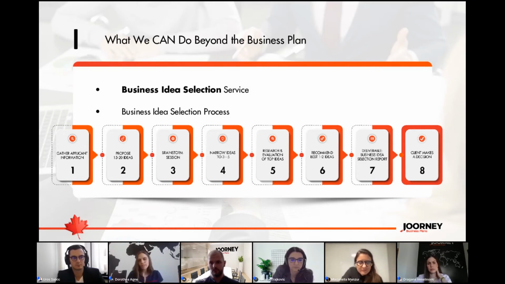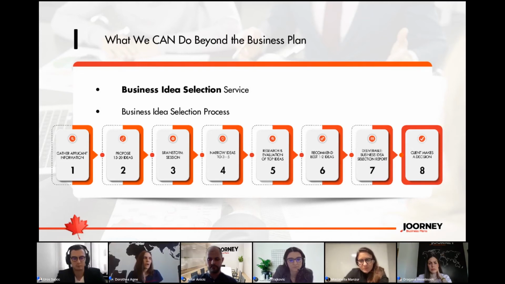So once we have this list of 15 to 20 ideas, we would typically do a brainstorm session with the client or with a consultant representing the client. In this case, we discuss different ideas and see if they match the client's preferences, etc. We are hoping to narrow down, because we want to do a very detailed document that would provide more insights into 3 to 5 ideas that the client liked the most.